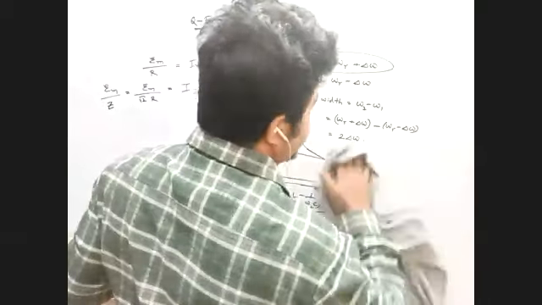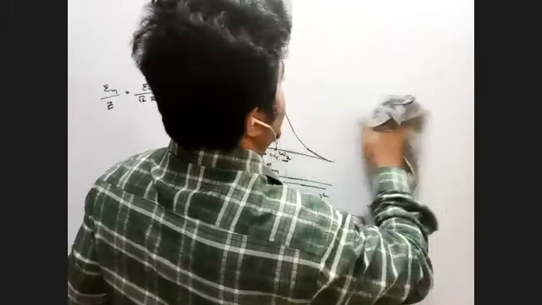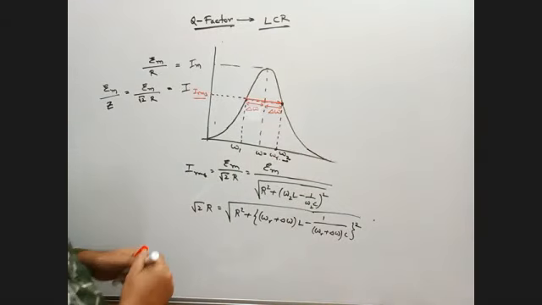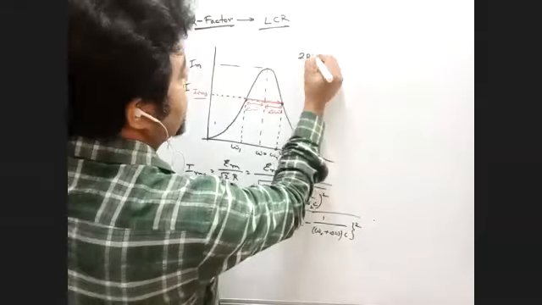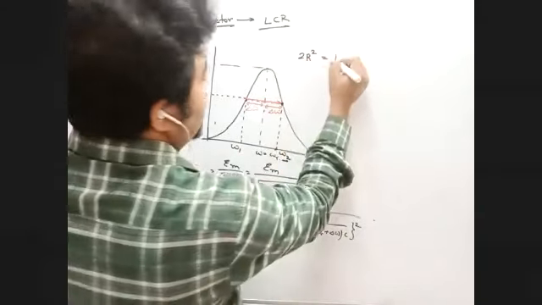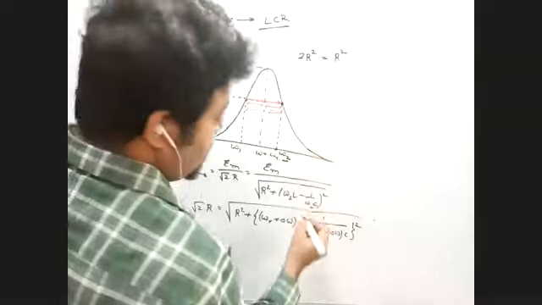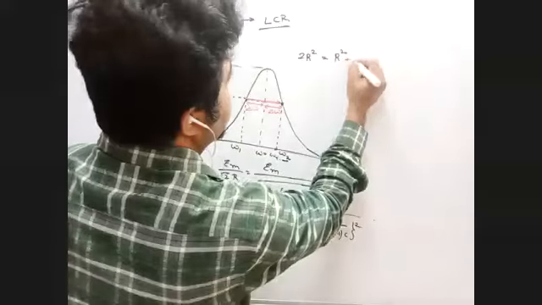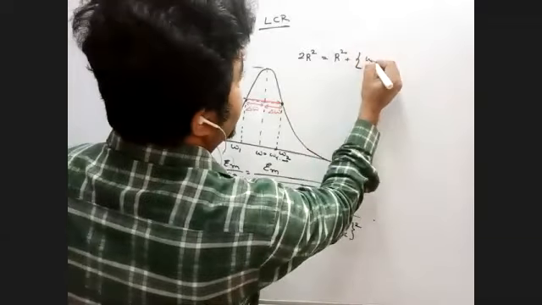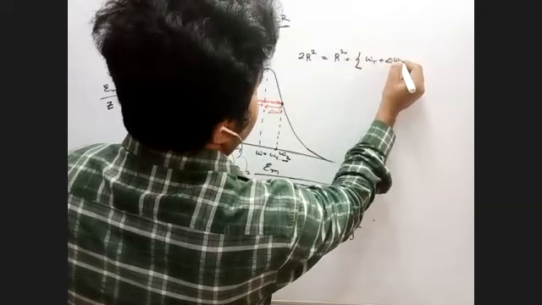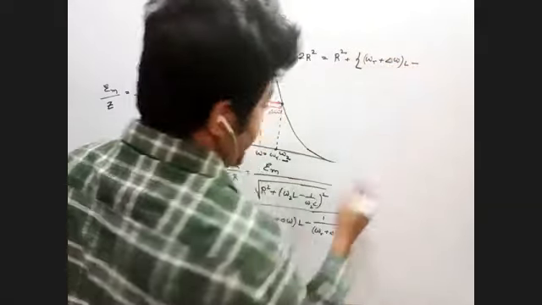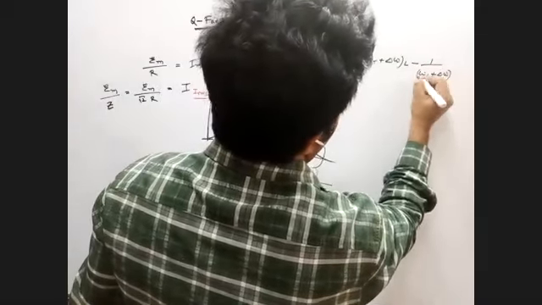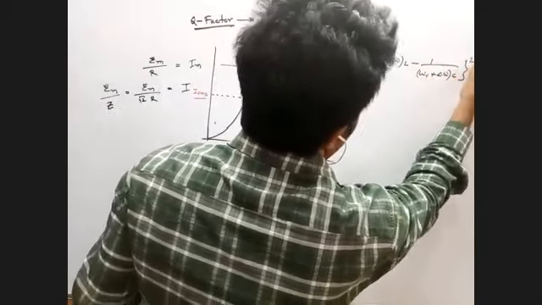So, from that, if we square both sides, this becomes 2R square is equal to R square plus omega R plus del omega into L minus 1 by omega R plus del omega into C, whole square.